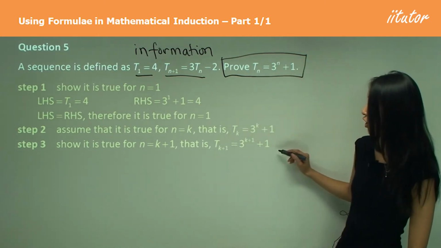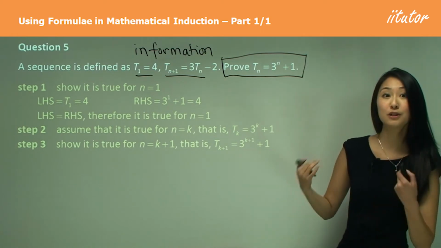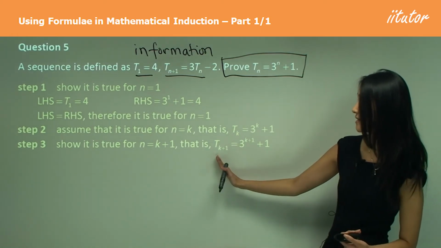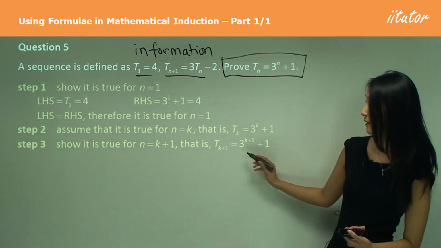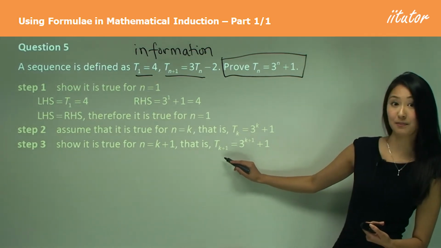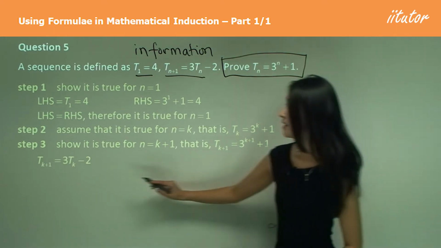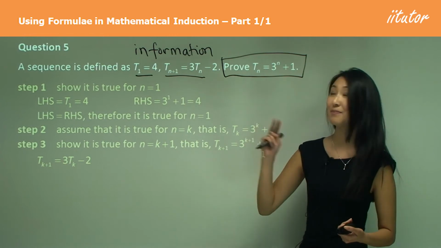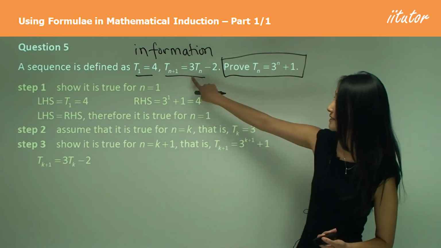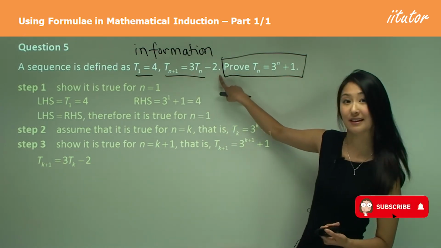So we want to show it's true for this, which means we want to show that the left-hand side equals the right-hand side. And now we're going to start off with the left-hand side, which is t(k+1). Okay? So we have t(k+1). Now is when we use the second part of the information, which is t(n+1) equals this.